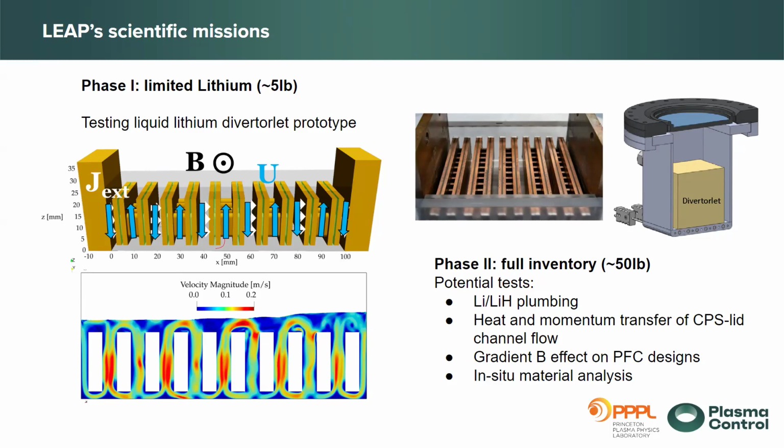If you put in asymmetric coils, you can study the gradient B effects, gradient magnetic effects, on these lithium flows for PFC designs. Maybe we can do in situ material analysis, putting lasers or X-rays pointing at the surface and looking at how the material changes over time.